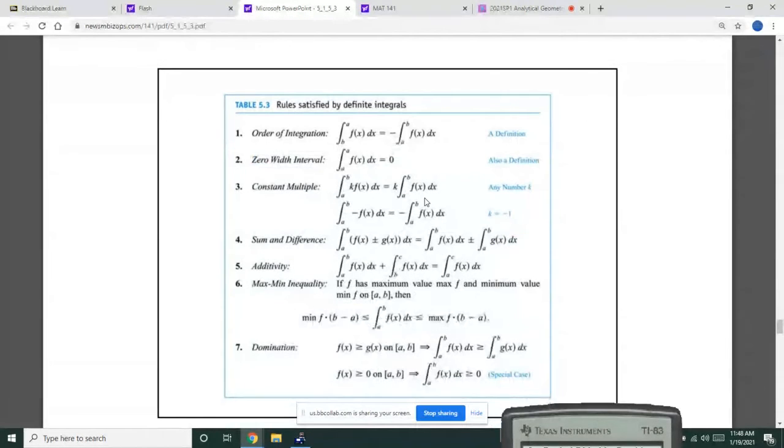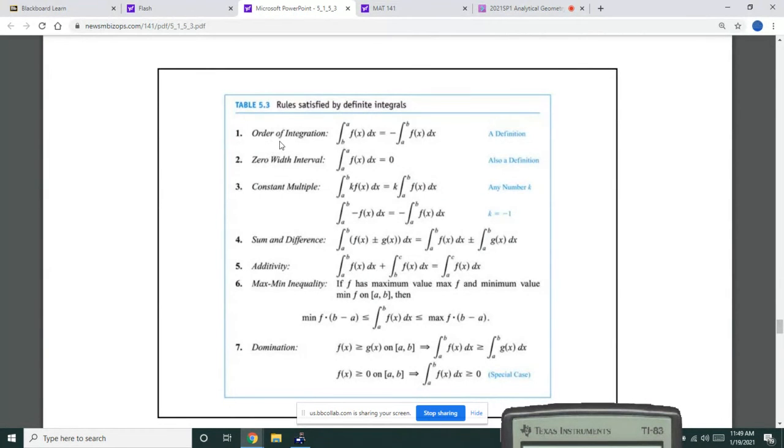Okay, and the last thing we're going to do for today, we'll take a look at some properties for integrals. If I go back to some of the properties or the rules for definite integrals, here's some basic rules.